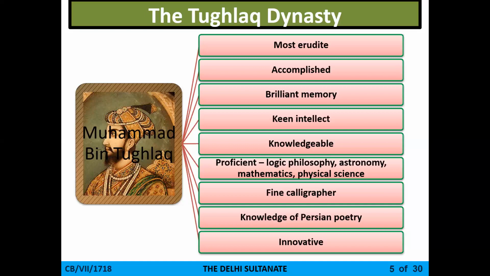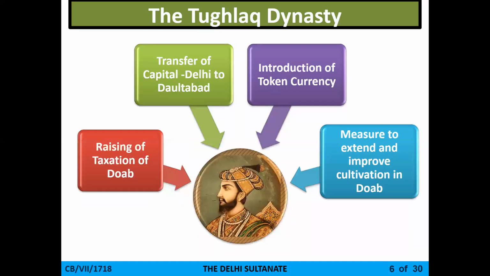Let us see his administrative reforms so you will get an idea how he was unpopular among the masses. His first reform was raising the taxation in the Doab. In the last video we also discussed that the Doab is a rich and fertile land between two rivers, the Ganga and Yamuna.